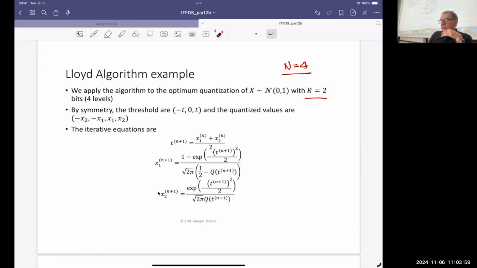And the quantized values, we call them x1 and x2 over the positive part of the real axis, and minus x2 and minus x1 over the negative part. So that in total, we have minus x2, minus x1, x1, and x2. And of course, x1 is lower than x2.